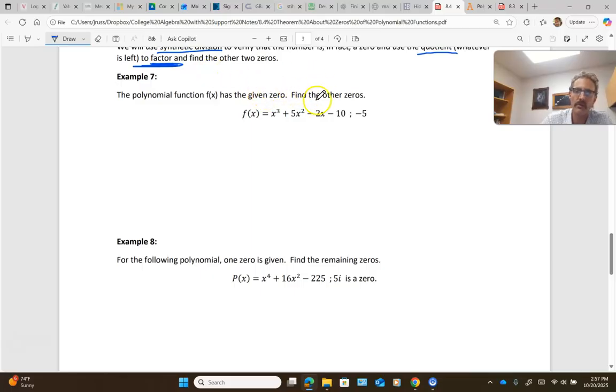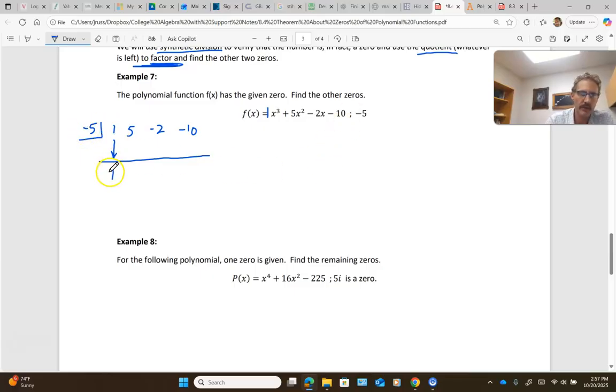So what I want to do is just verify whether -5 is a 0 of this polynomial or not. The polynomial is already in descending order. There's no terms missing. So I can go ahead and list those coefficients. I'm going to use synthetic division the way we did in 8.3.